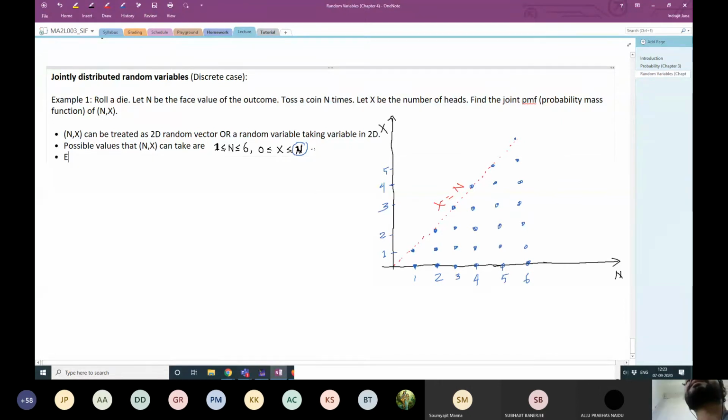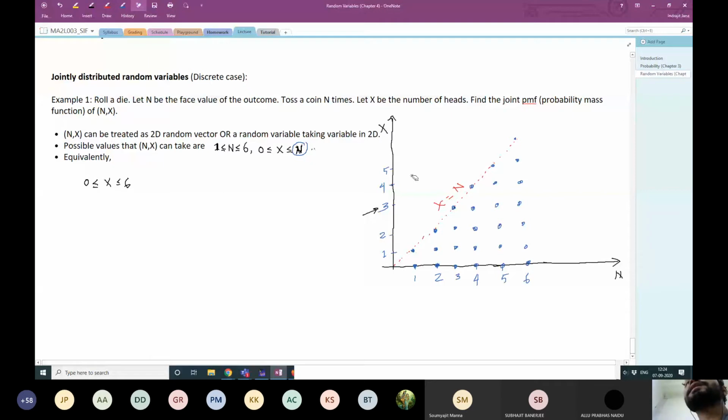Suppose I choose x first, so 0 less than or equal to x less than or equal to 6. And for any fixed x, suppose like 3, n can run from 3 up to 6. If x is 2, n can be from 2 to 6. If x is 1, n can be from 1 to 6. If x is 4, n can be from 4 to 6.